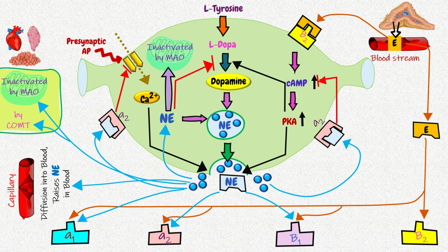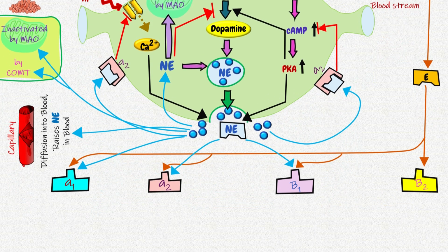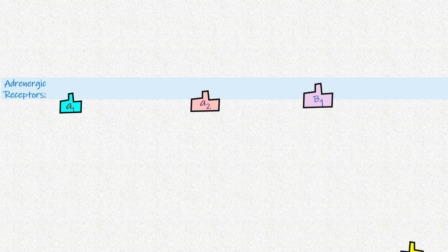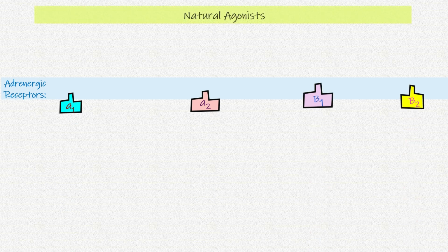Now, moving into a detailed discussion of receptors. Four main types of adrenoceptors, which are alpha-1, alpha-2, beta-1, and beta-2.